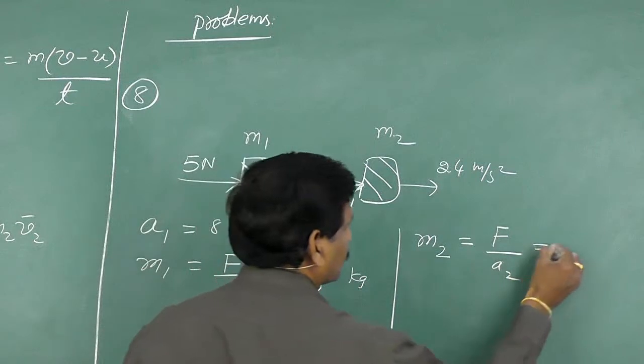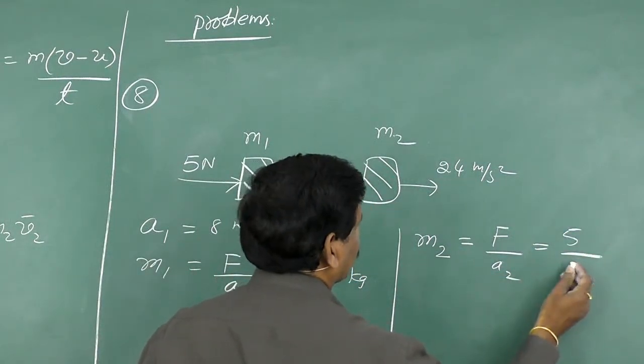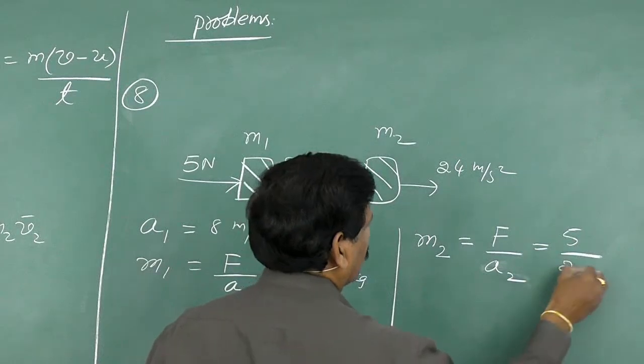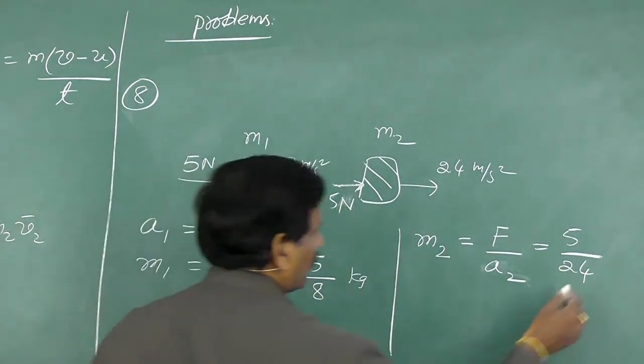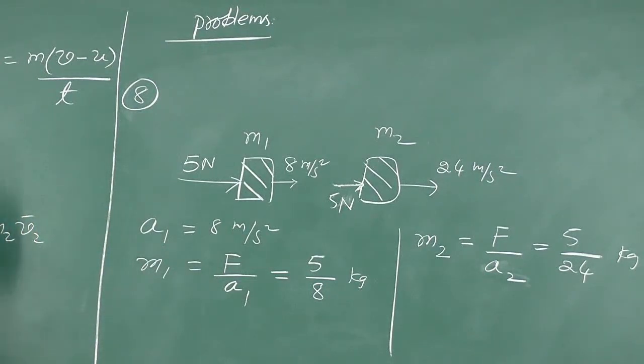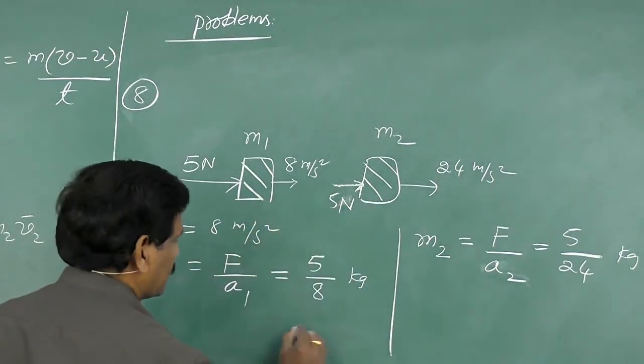So here force is same, 5, by acceleration, 24. So 5 by 24 kg, this is the mass of the second body. Now these two bodies are joined together like this.